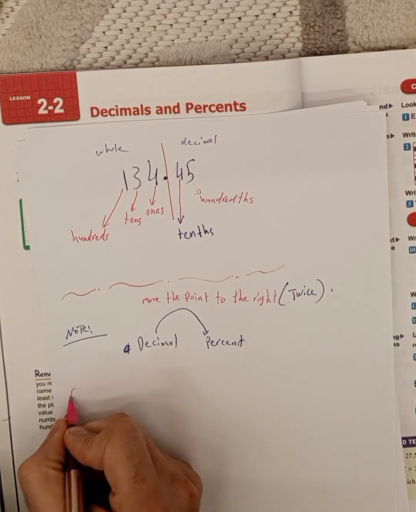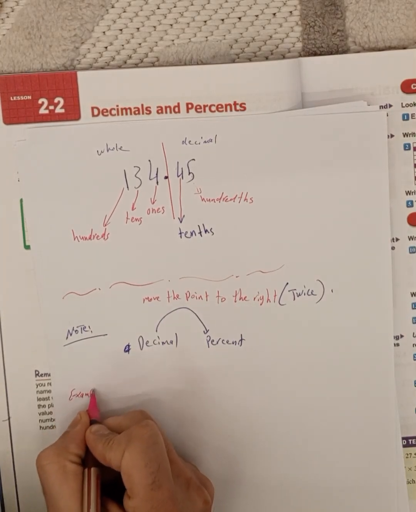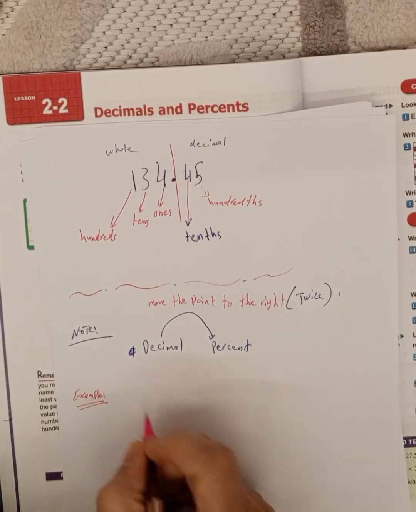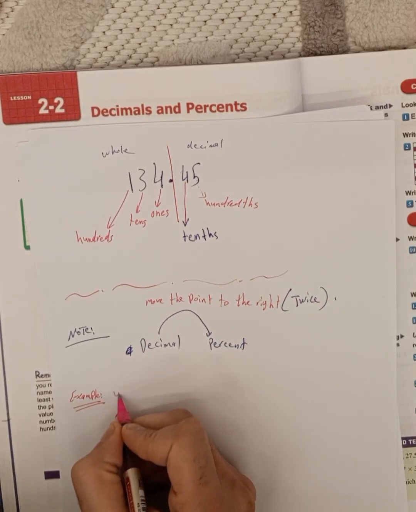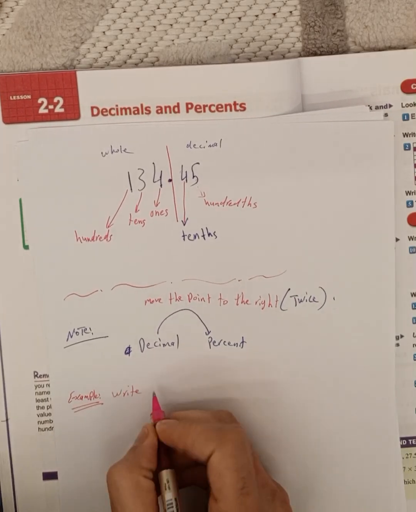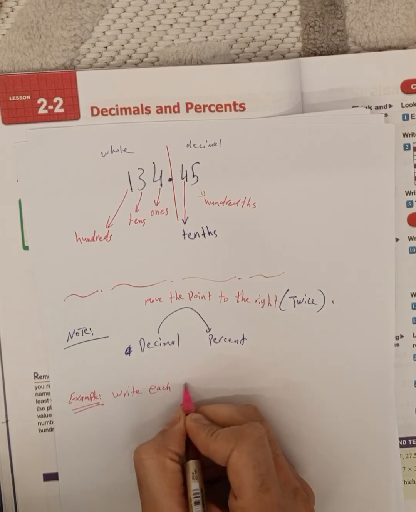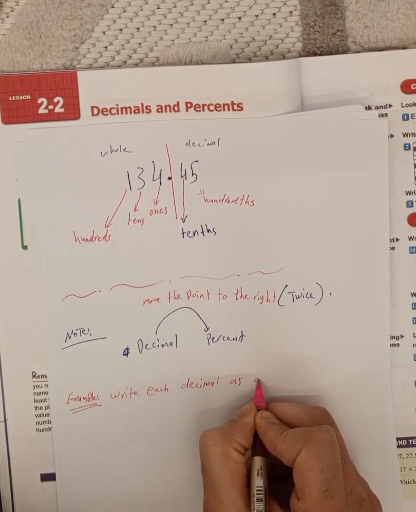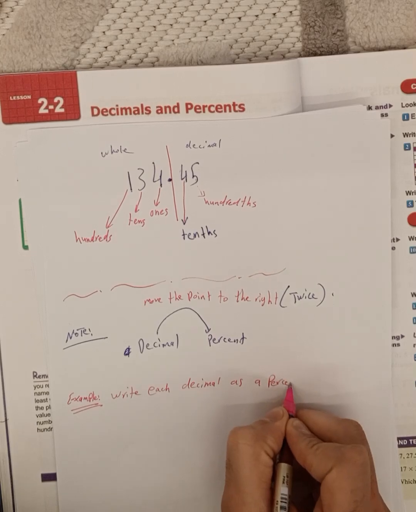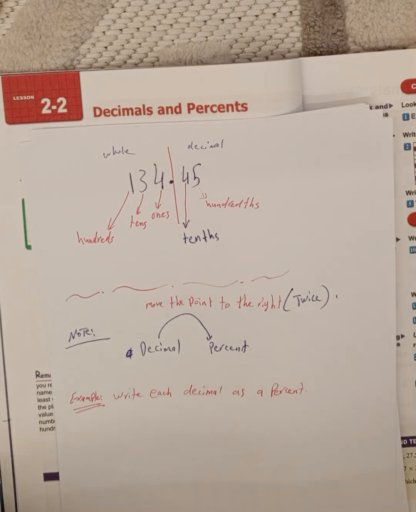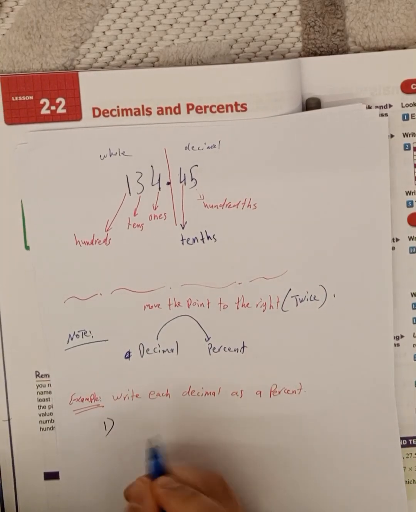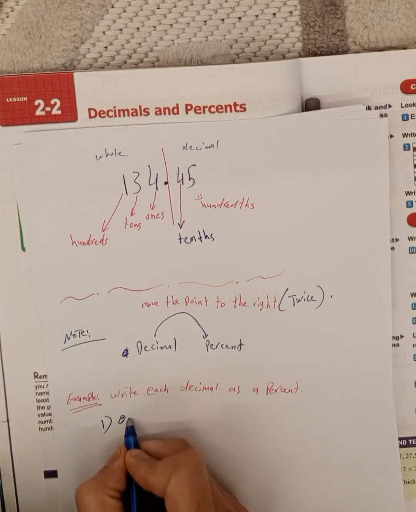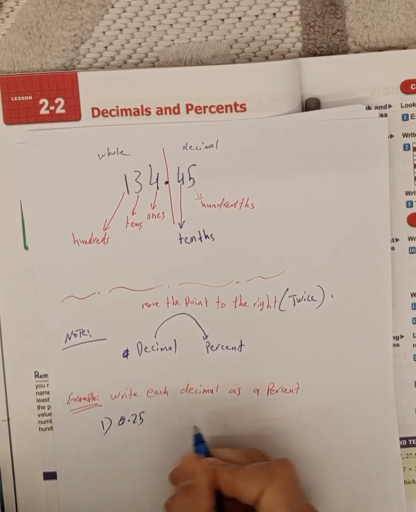Example: write each decimal as a percent. Example 1, let's say 25 hundredths.